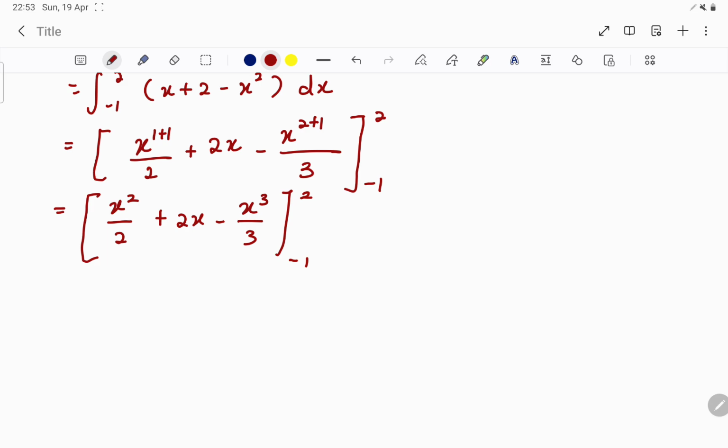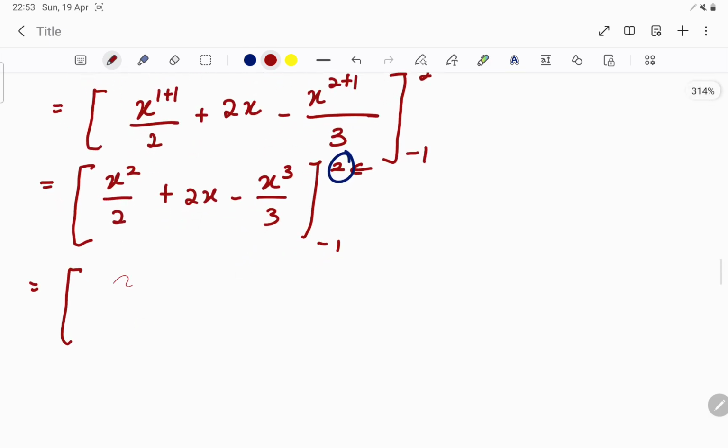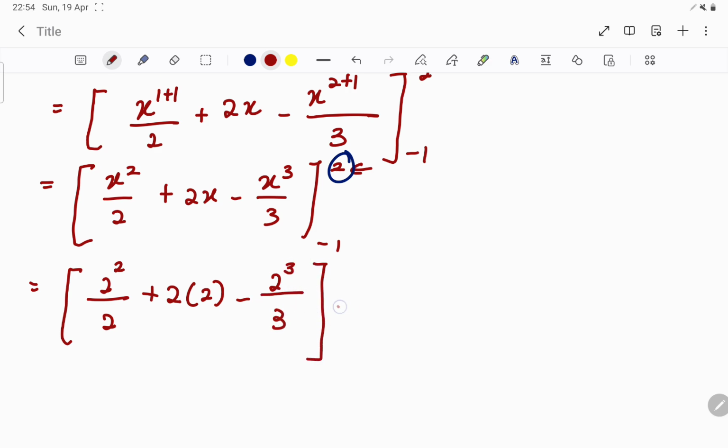Okay, and then here you substitute the upper limit, which is 2. So you substitute inside each of these x, 2 to the power of 2 divide with 2 plus 2 multiply with 2 minus 2 to the power of 3 divide with 3, and minus, you substitute the lower limit, which is -1.